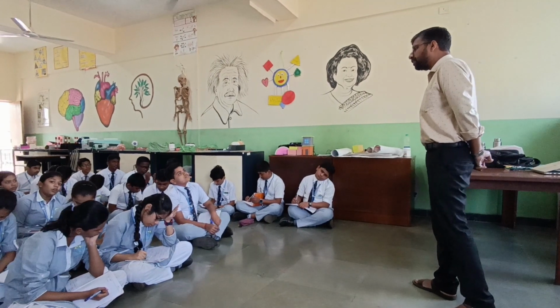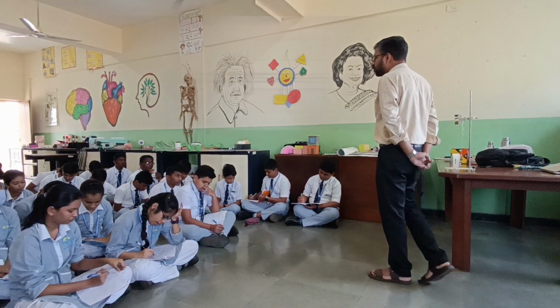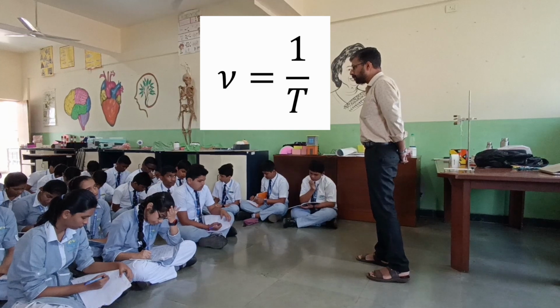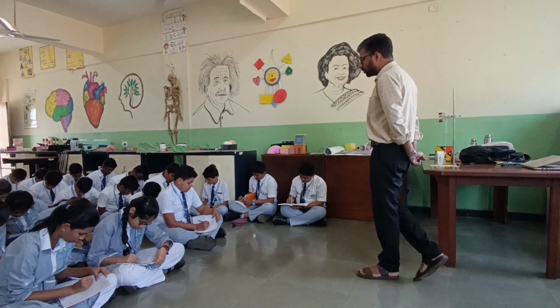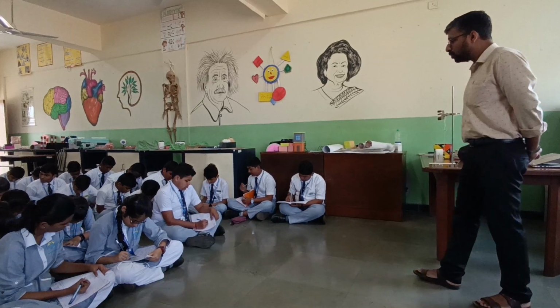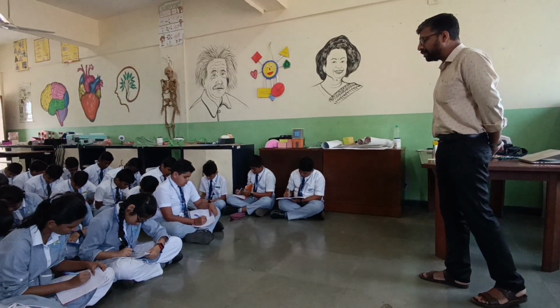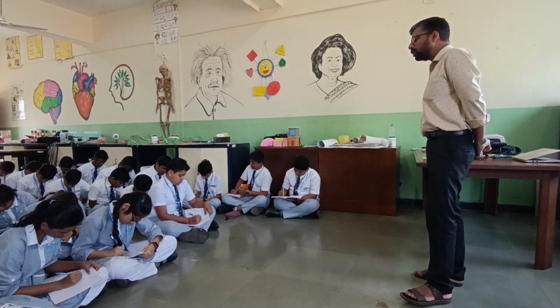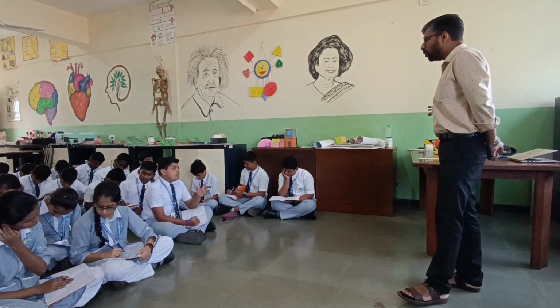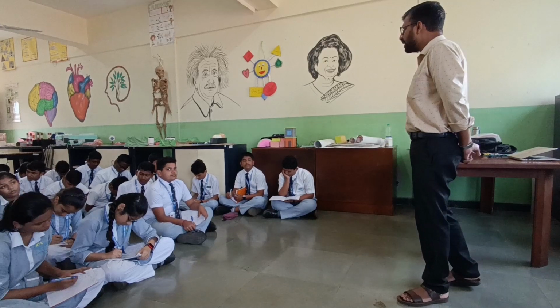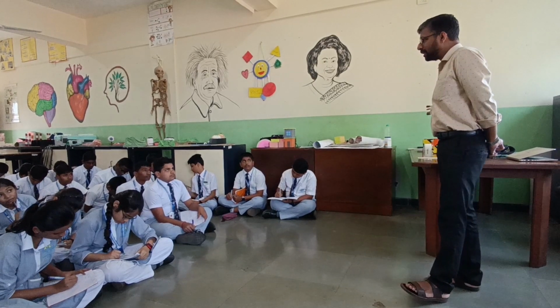Now we will calculate frequency. What is frequency? Nu is equal to 1 upon T. So Nu is equal to 1 divided by 1.2. It is like dividing 10 by 12.